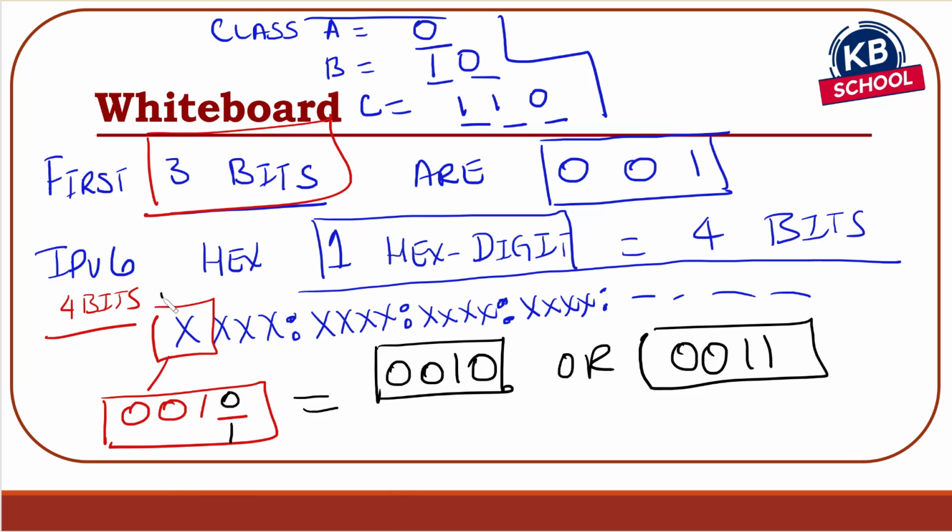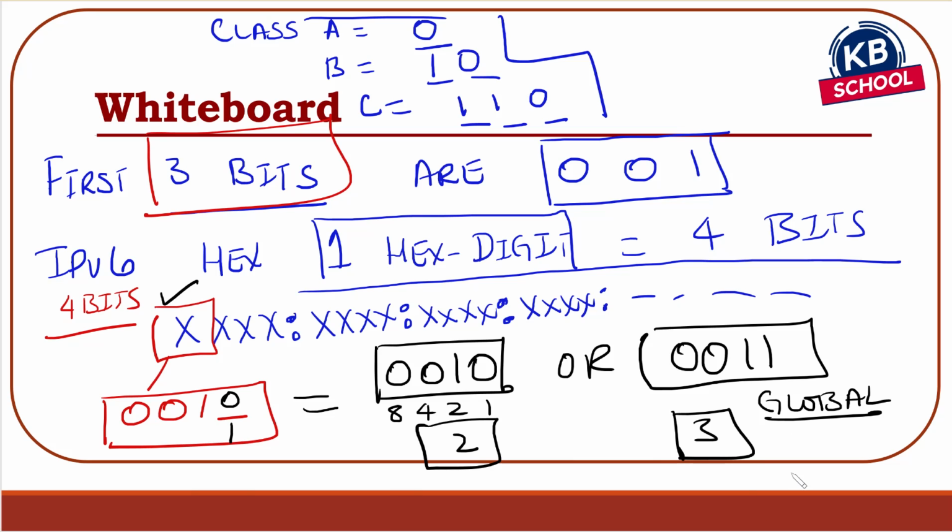So the first hex digit is your indicator of whether it's a global address or not. If the first hex digit is 0010, then doing the conversion, 8, 4, 2, 1, the only one that's on is the 2. So that is 2, and 0011 is 2 plus 1, which is 3. So if the first hex digit is either a 2 or a 3, I know it's a global address.